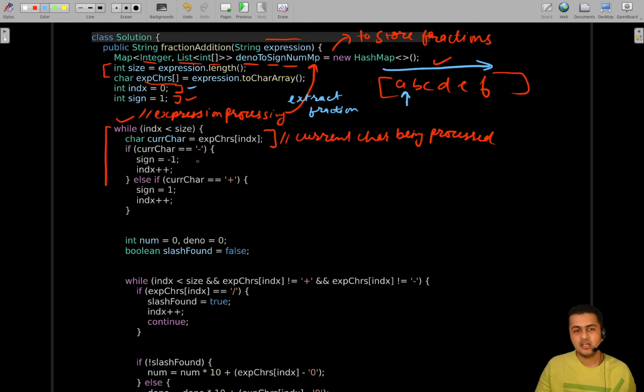So if it is a negative sign, then the sign's value is changed to -1, indicating that we are having a negative fraction. And you will simply increment your index, saying that we have processed this sign and now we should move forward. And if it is a positive sign, then a similar thing will be done, but the sign will be positive, indicated by 1, and you will move one index further.